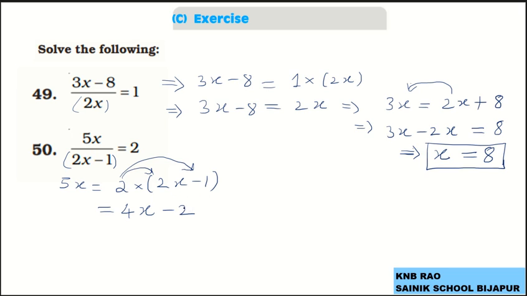So, we say multiplication over subtraction operation, distributive property. So, 5x equals 4x minus 2.